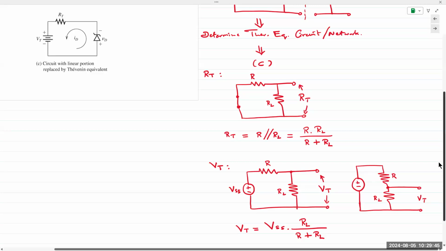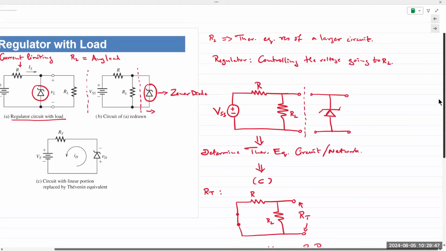So now, once you have the Thevenin equivalent network, let's go back to the top. What is it that we are trying to do? We have a Zener diode. We want to use it as a regulator. Regulator means we control the voltage coming from the supply and going into our load. We want the load to receive a constant voltage, right?